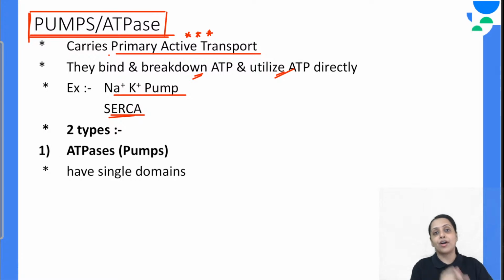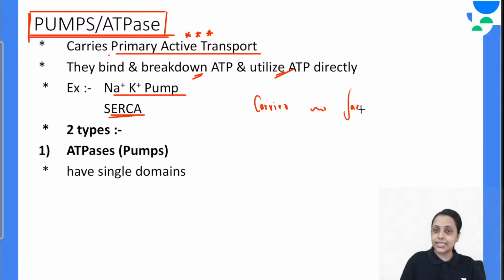Carriers are required for which type of transport? Do reply fast. Carriers are required for facilitated diffusion as well as secondary active transport.